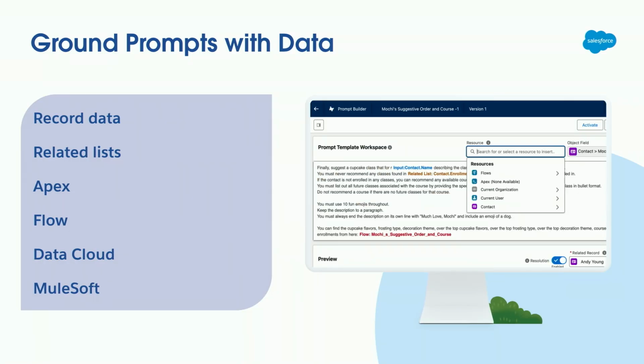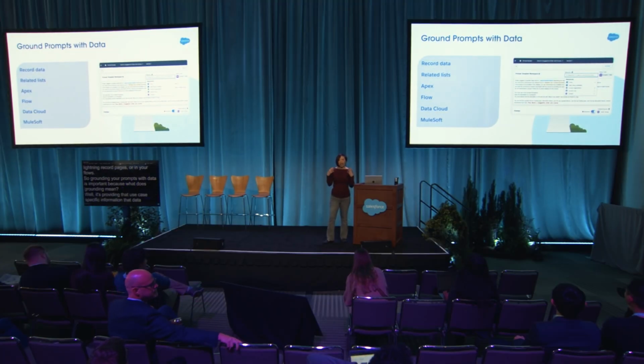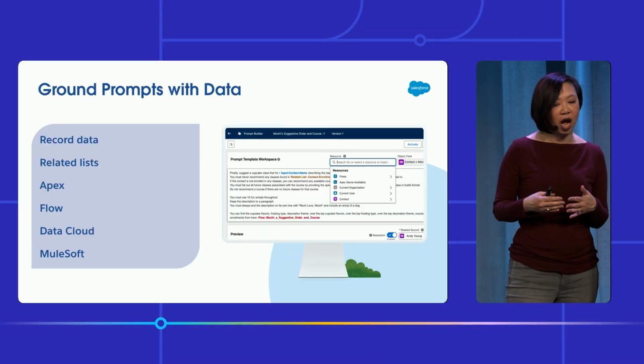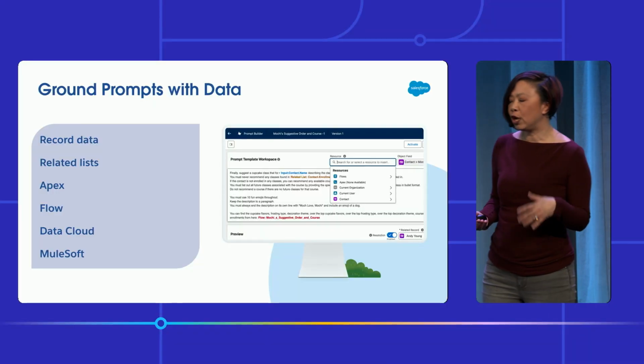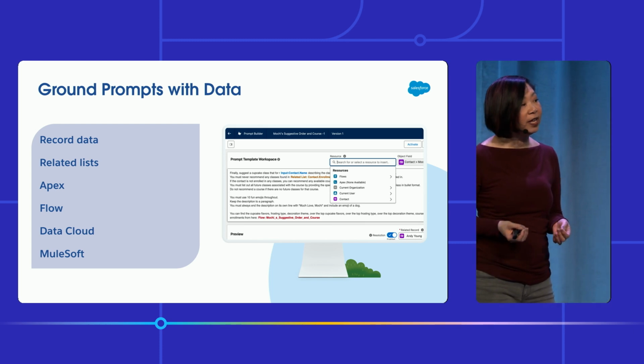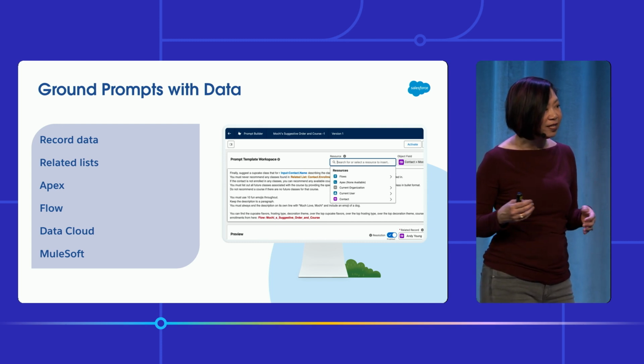So grounding your prompts with data is important, because what does grounding mean? Well, it's providing that use case specific information, that data, that context that is not in the LLM's trained knowledge. So you can bring in your data records, your data related list using merge fields like you do in your email templates or your flow formulas.